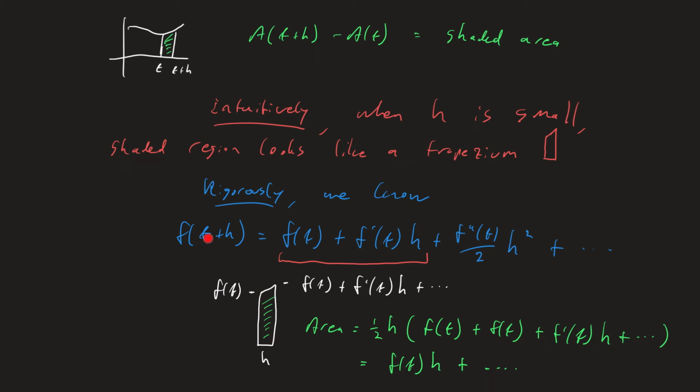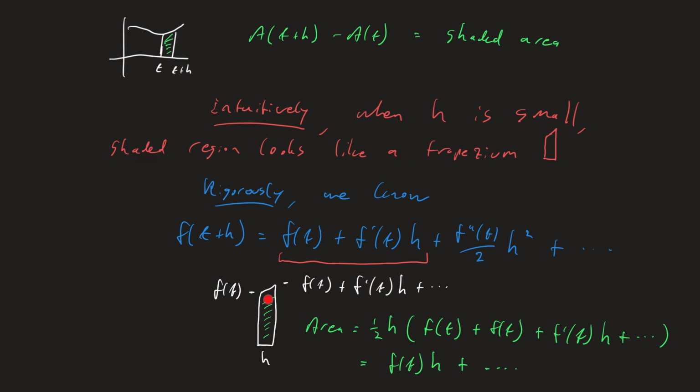Differential calculus allows us to work out how my function f is changing in a neighbourhood of t. Recall from last video that I can write f at t plus h is equal to f of t plus, this is my linear term here containing the derivative, plus higher order terms over here depending on higher order derivatives.